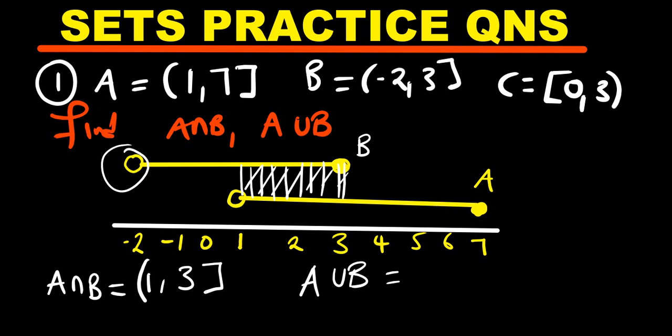Let's start with the first point, -2. Is this -2 included or not? -2 is not included. So you put a comma, and we're going to the last point, which is 7. Is 7 included or not? This is included, so 7 like that. So that will be our A union B. So that's how you solve this question.